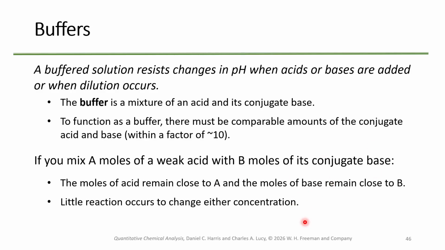Now, one of the things I want to point out here is people all the time have a blind spot when I say this, which is the definition of a buffer system. If I put 1 mole of acid in, and then I neutralize half of that, what have I effectively done? Well, I've effectively formed a buffer, haven't I?